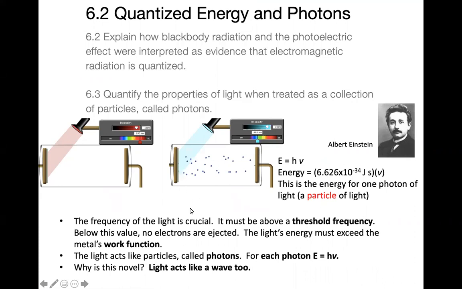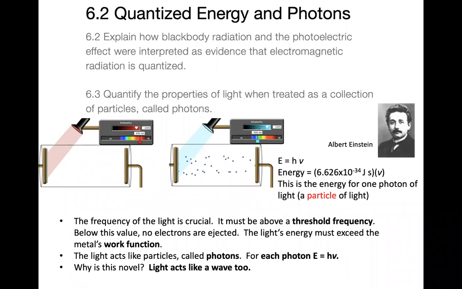And the frequency of the light was what was crucial. It must be above a particular threshold value. If it was below that value, it didn't matter how bright the light was, no electrons were being ejected. This is Einstein using the expression E equals h nu to talk about the energy of the light in terms of its frequency.